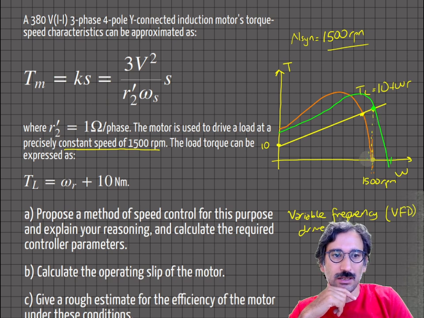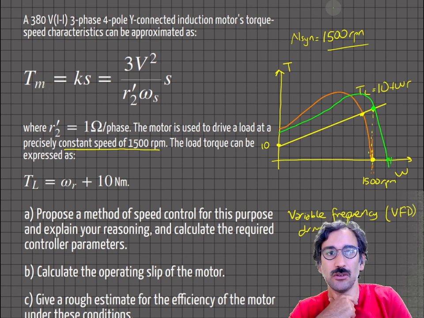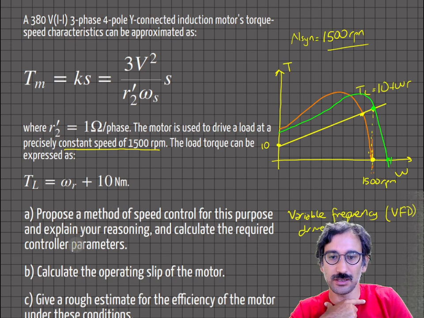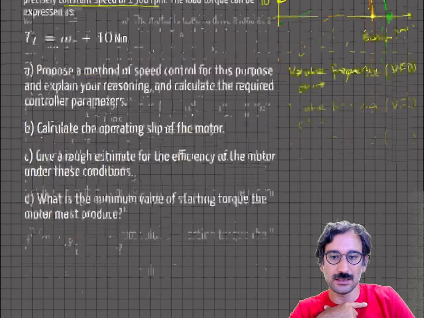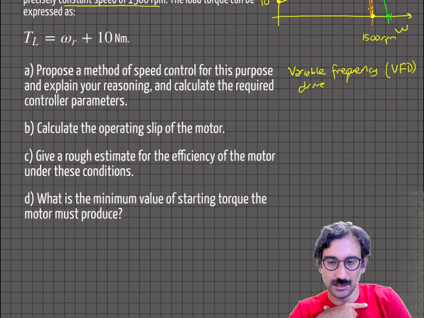So we can find the exact rotor speed and what should be the torque at that speed, so I can find the operating synchronous frequency. So actually that is what is asked in the next step, like in part B, and let's start with that one.